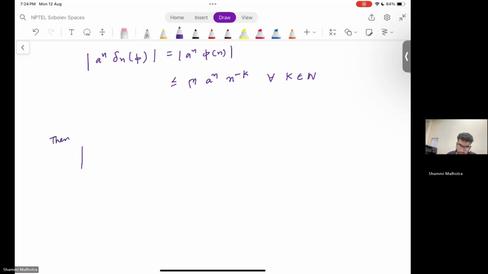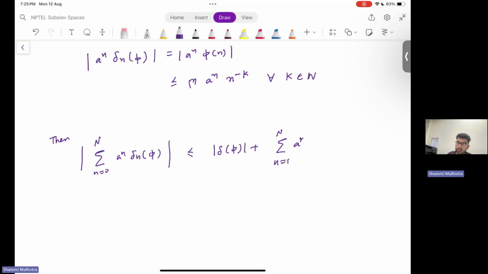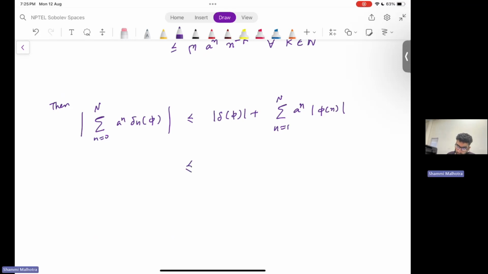Then the modulus of the summation n from 0 to capital N of a^n delta_n phi is less than or equal to the modulus of delta_0 at phi, plus the summation n from 1 to N. Since a is positive, a's power n is also positive, and this is nothing but phi at n, so the modulus of phi at n, and this is less than or equal to M plus the summation n from 1 to N of a^n M times 1 upon n raised to the power of k.